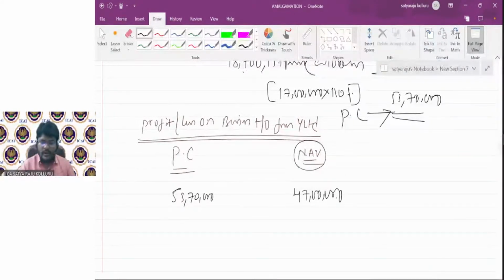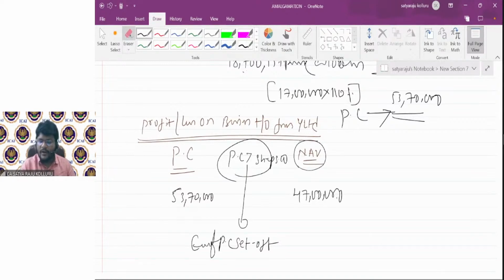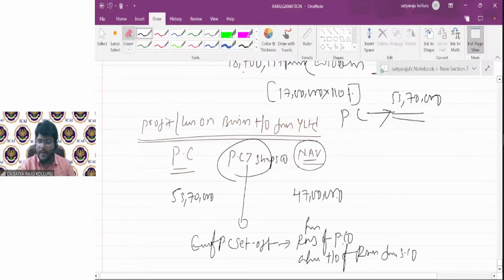Now, can you let me know, guys, all of you, is it the situation PC is greater than NAV, right? Or the PC is greater than share capital of the selling company? If PC is greater than share capital of the selling company, which is a clear-cut loss situation, then the excess of PC should be set off with free reserves and surplus of purchasing company after takeover of reserves and surplus from the selling company.